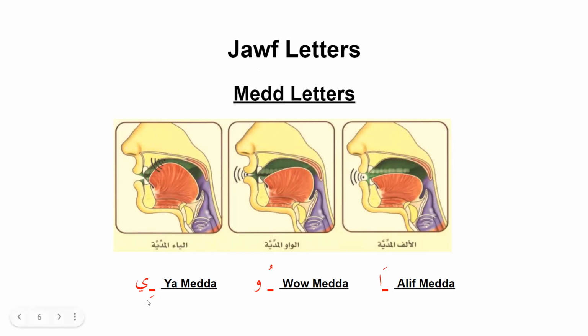Now, finally, we have ya maddiya. So this comes when we have kasra followed by the letter ya. So this one is also from the jawf. And the sound is coming from here. E, B, D. So you hear that E sound is coming from the empty space between the mouth and the throat. So specifically, it is coming from here near the tongue.